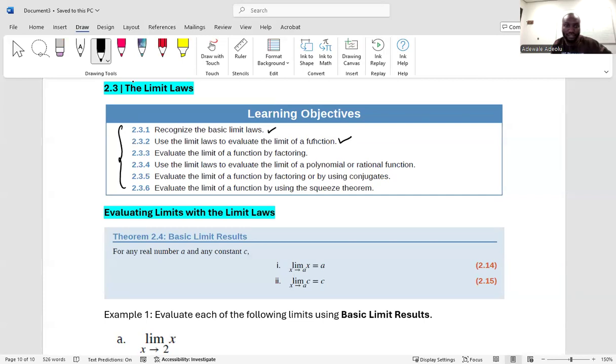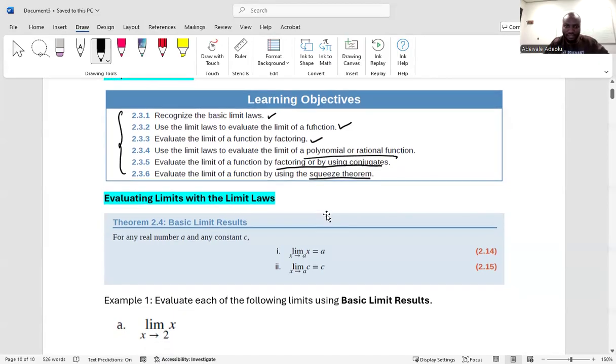We will evaluate the limits of a function by factoring and using those laws to evaluate limits of polynomial and rational functions. We will also evaluate the limit of a function by factoring or by using conjugates. And lastly, we will evaluate limits of functions by using the squeeze theorem.